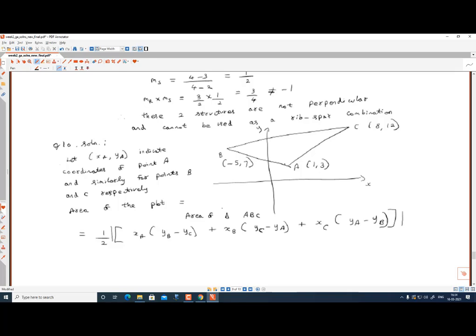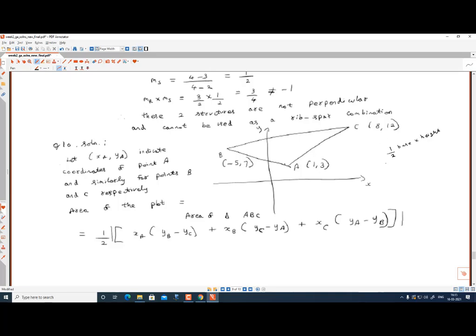So the area of the plot is the area of the triangle ABC, which is given by this expression. This expression comes from the basic form that the area of a triangle is half times the length of the base times the height of the perpendicular on the base from the third vertex.